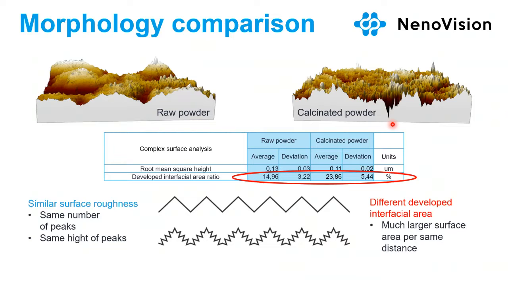But what it means is that the surface roughness has the same bigger peaks, but there are smaller peaks on top of it. So basically, it means that the calcinated powder has much larger surface area per the same distance.